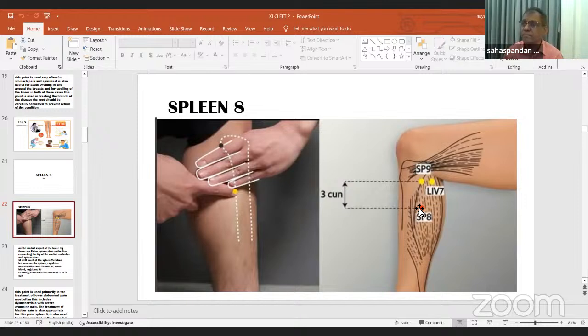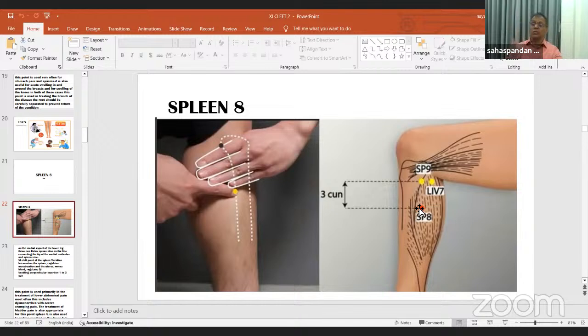Dysmenorrhea is painful menstruation, with sore cramping pain. The treatment of bladder pain is also appropriate for this point.